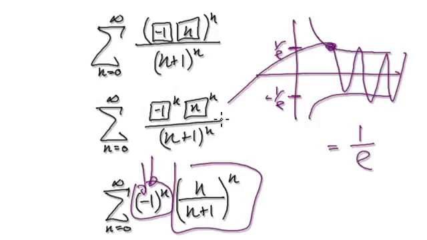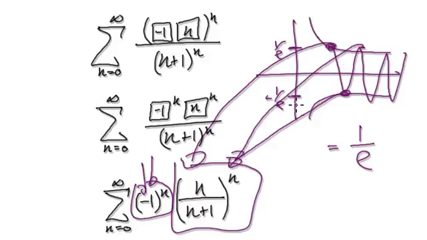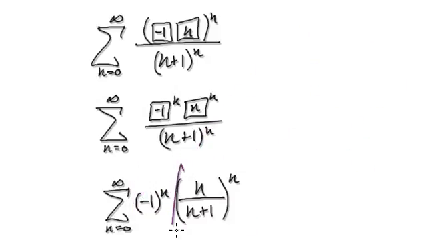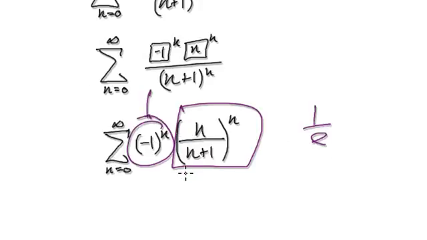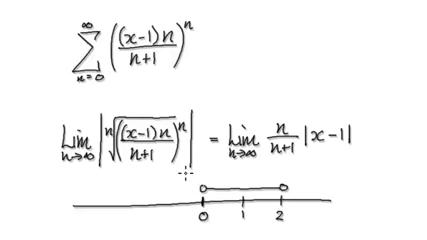So here you're adding a positive amount to your whole summation, and then you're taking away an amount from that summation, and then you're adding another amount. It's never going to converge, because you're always going to add this amount, take away this amount, add this amount, take away this amount. So we can conclude that because this thing here is 1 over e, even though it's alternating, it's never going to converge. So we can conclude that it's going to diverge.